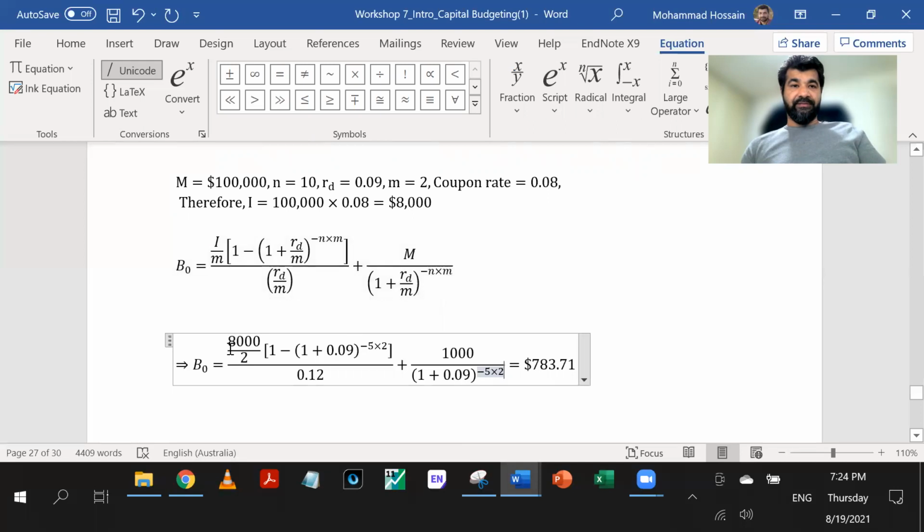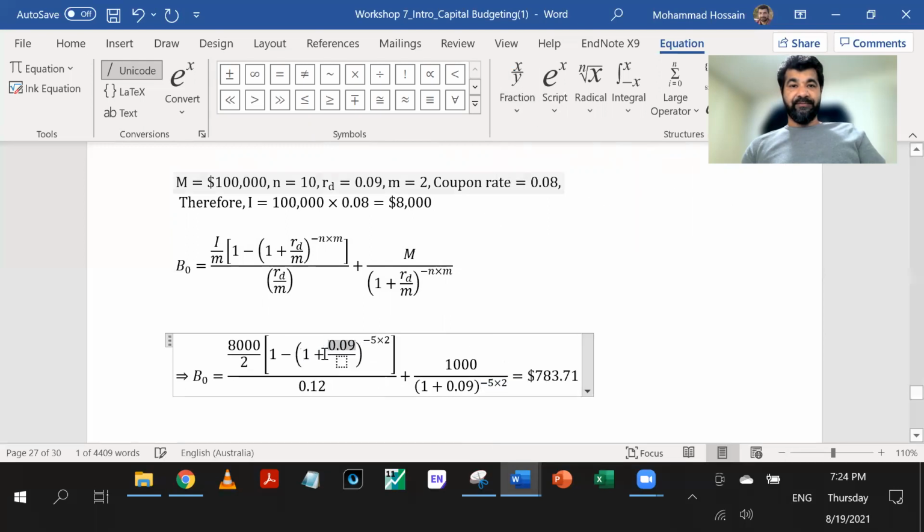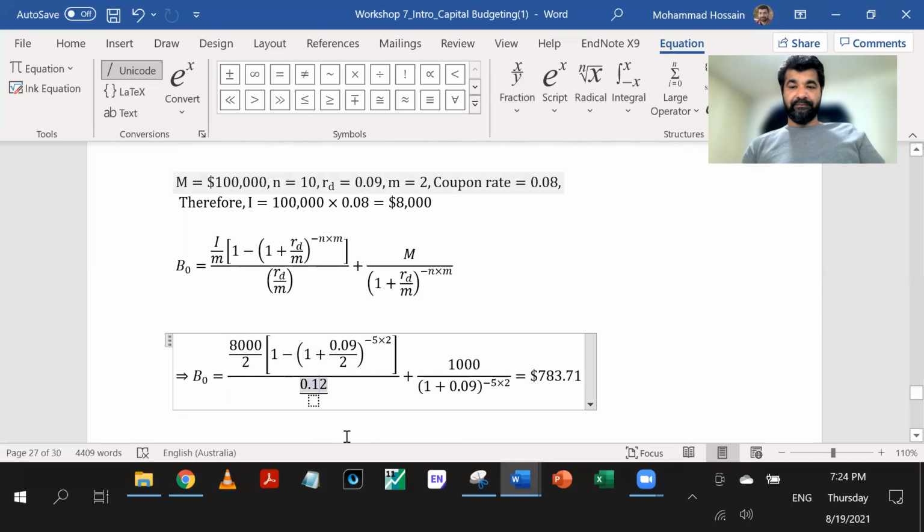This one needs to be actually 2. And M is 100,000. That's the way you calculate these things.